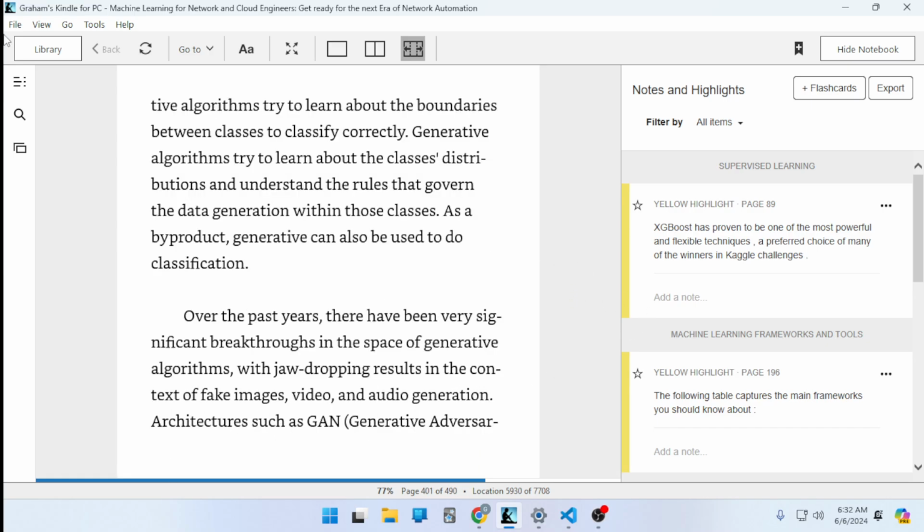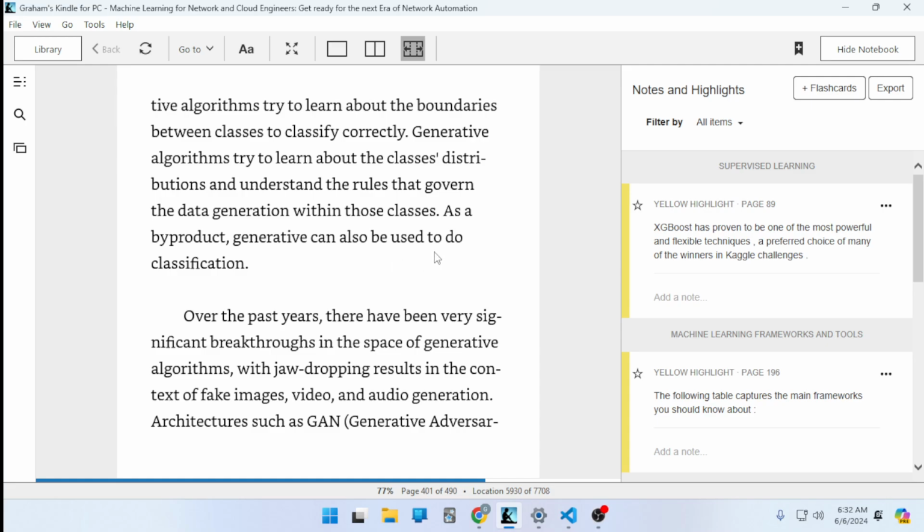In a nutshell, discriminative algorithms try to learn about the boundaries between classes to classify correctly. Generative algorithms try to learn about the class's distributions and understand the rules that govern the data generation within those classes. As a byproduct, generative can also be used to do classification.